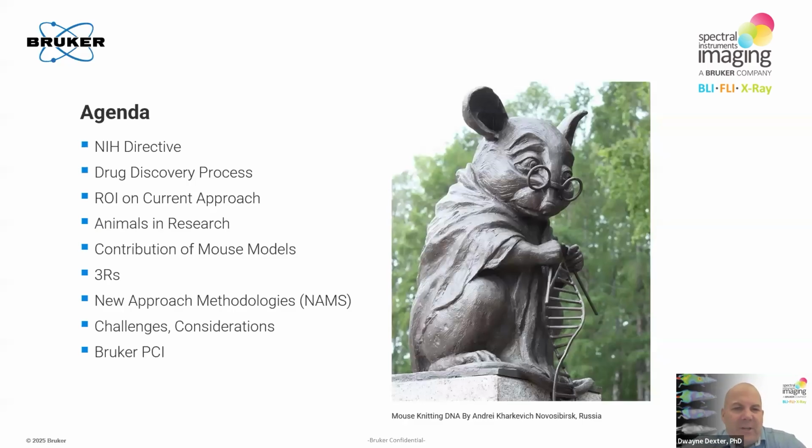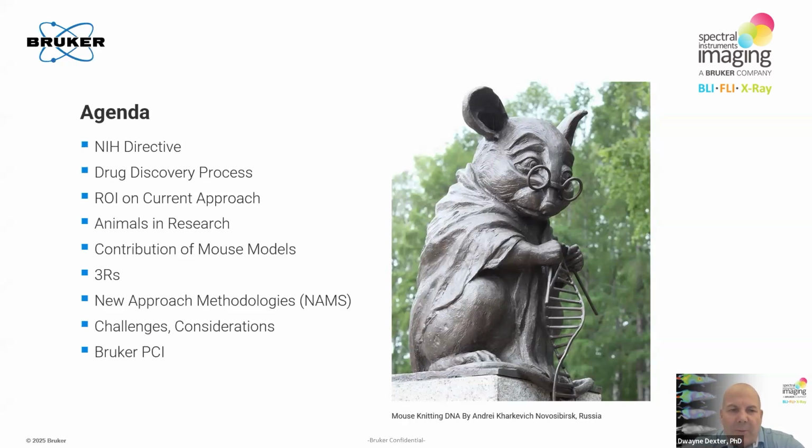So for the agenda for today's talk, we're going to review some of the announcements that have come out of the NIH mainly. We'll review the drug discovery process. We'll talk about return on investment from our current approaches. We'll review the history of animals in research, particularly focusing on mouse models. Review the 3 R's in the ethical use of animals in research.